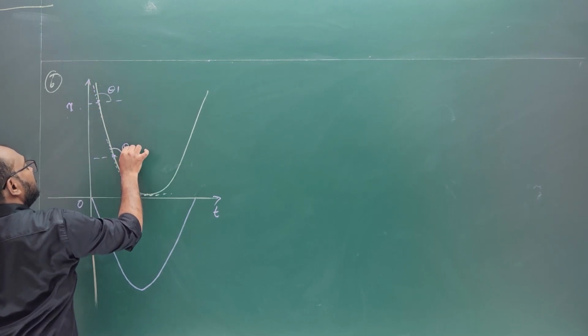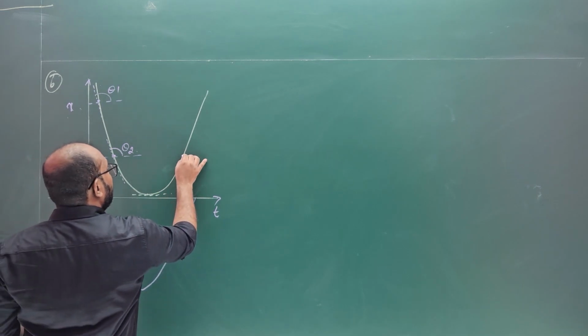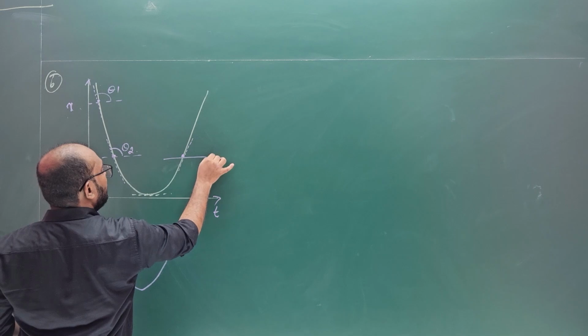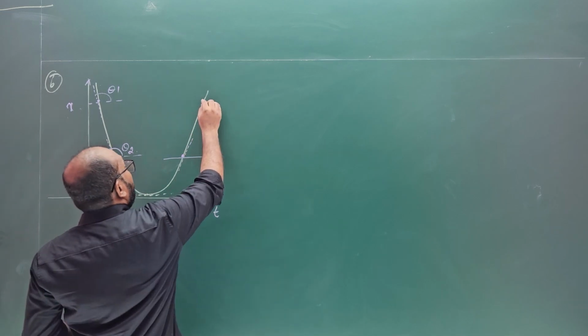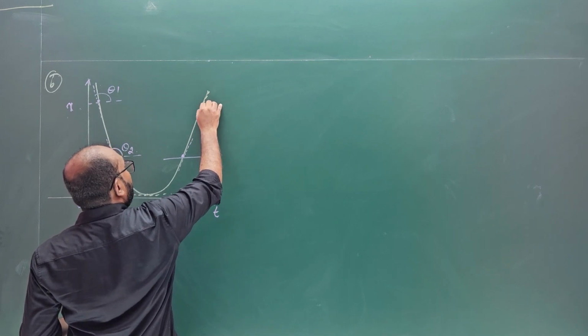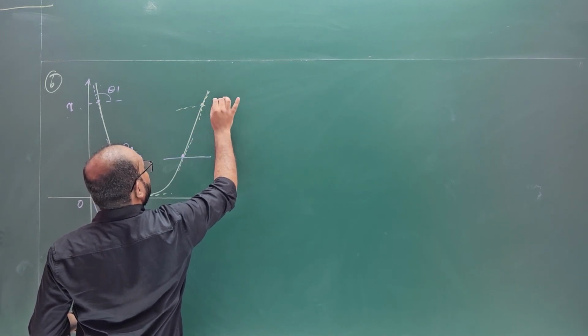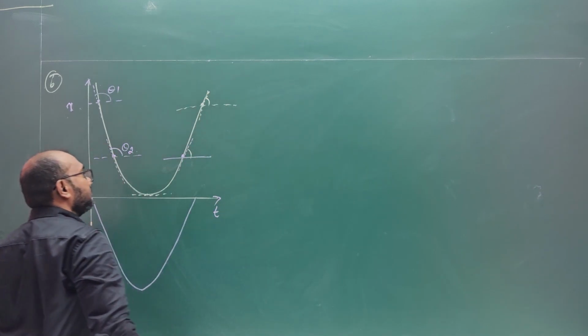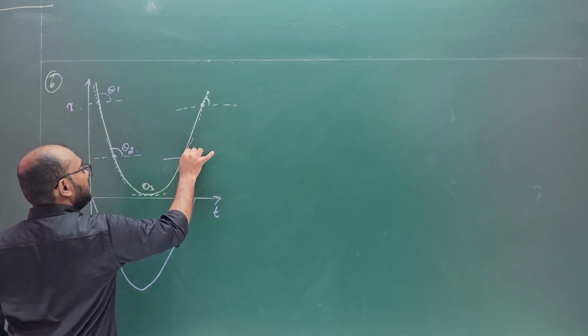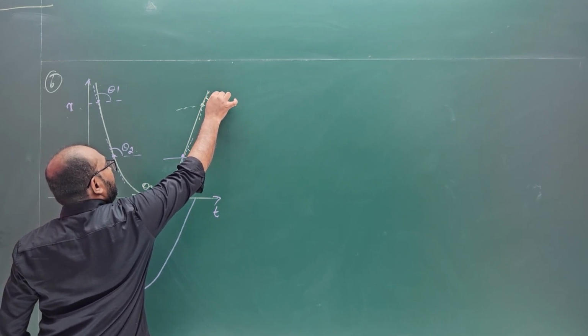So this is theta 1, this is your theta 2. Similarly, selecting one more here, drawing the tangent, and at this point let us select one more and let us say this is your tangent, theta. Okay, so this is theta 3, theta 4, theta 5.